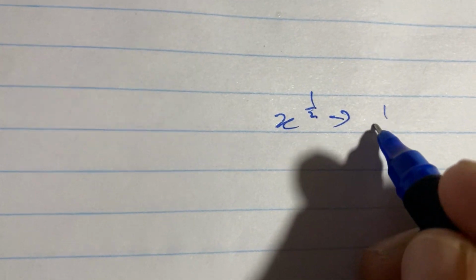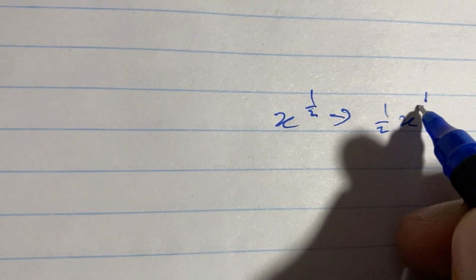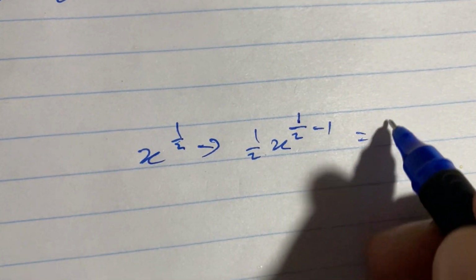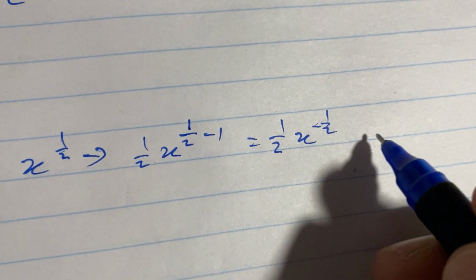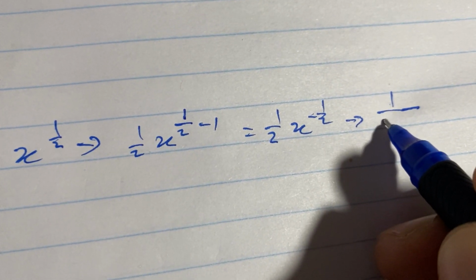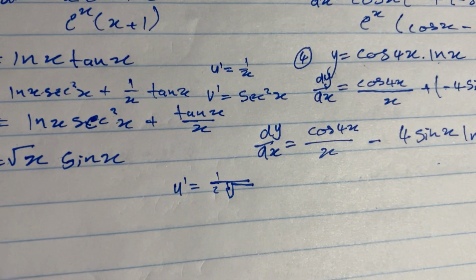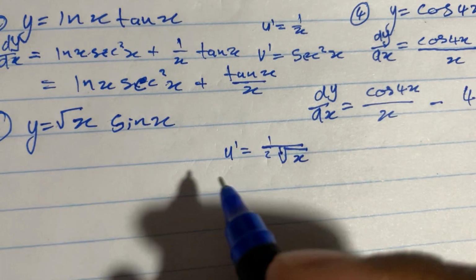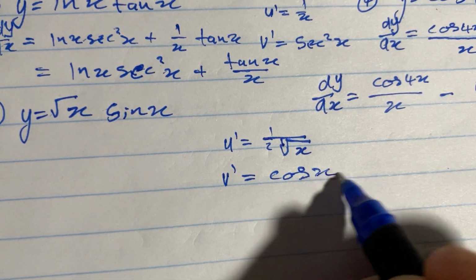Deriving this will give you a half x, and the power will be 1 over 2 minus 1, which gives you negative half. So you have half of x to the power of negative a half, which will give you 1 over 2 square root of x. Okay, and then for the sine, the derivative will be cos. v prime equates to cos of x.